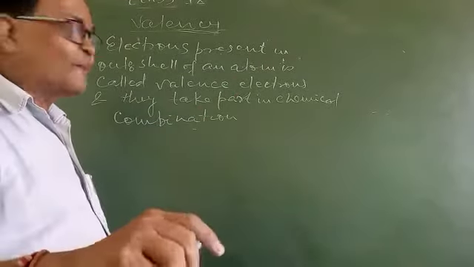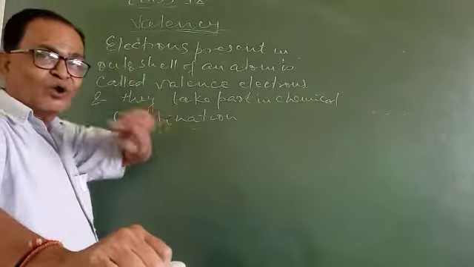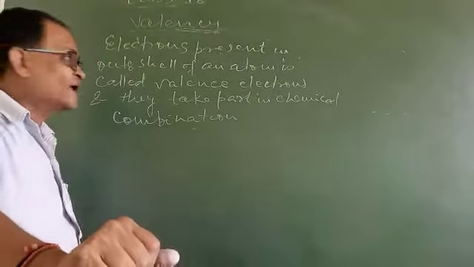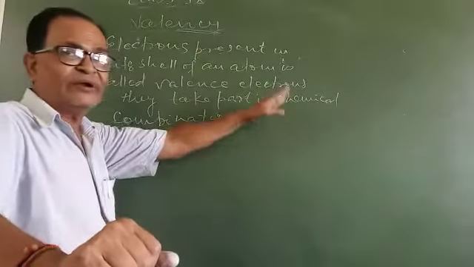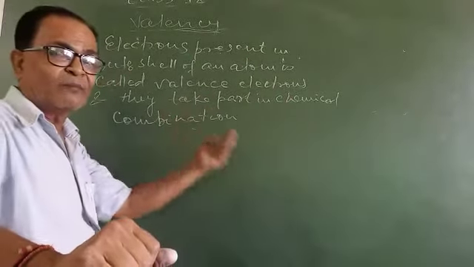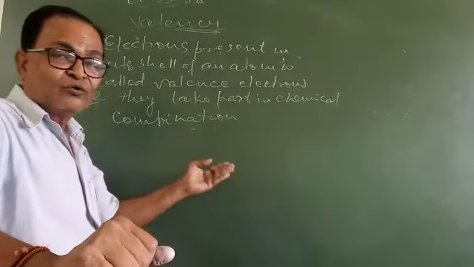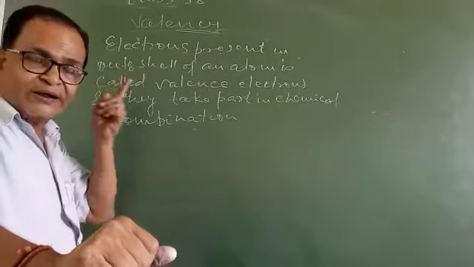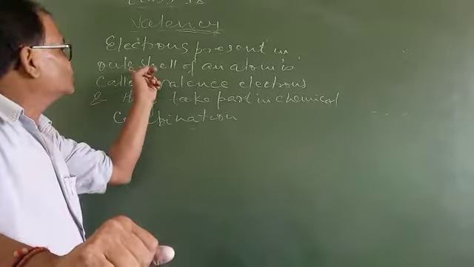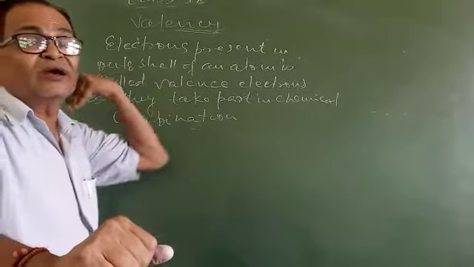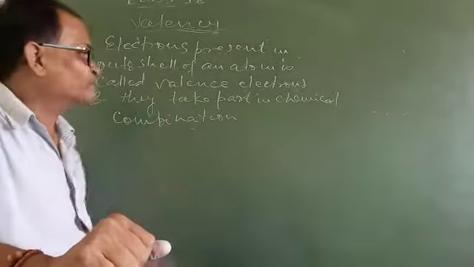The subatomic particle electrons revolving around the nucleus in an atom take part in chemical bonding. Those electrons are present in the outermost shell, the last shell.